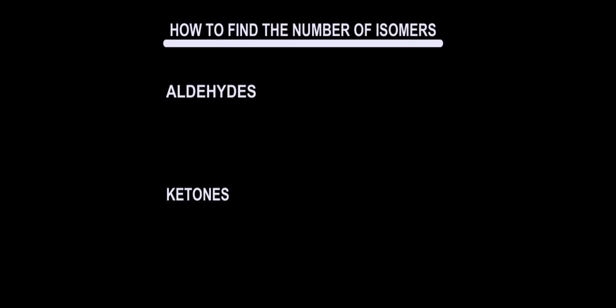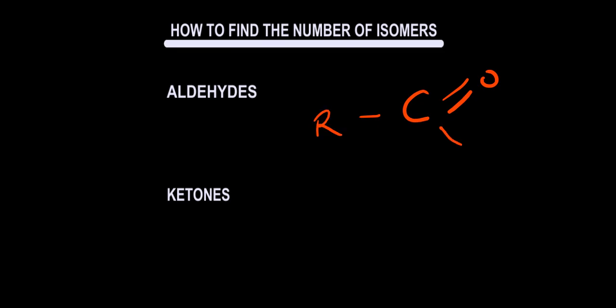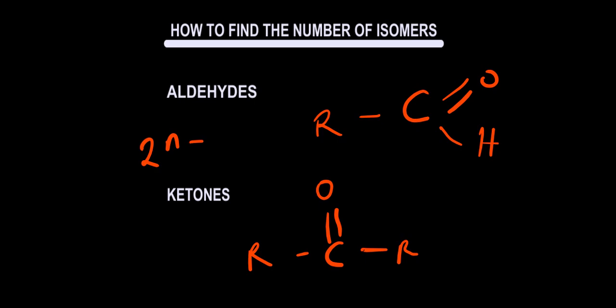Just to remind you again, an aldehyde has a carbon connected to an oxygen, there's a group here, and there's also an H. Then a ketone has a carbon with a group on this side, a group on this side, and a double bond with oxygen here. For an aldehyde, the number of isomers is 2 to the power n minus 2.